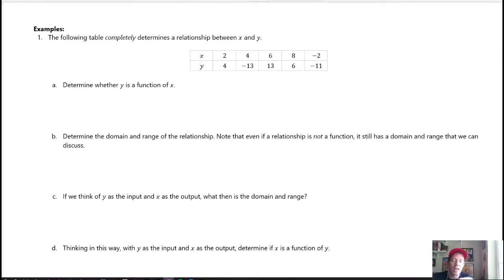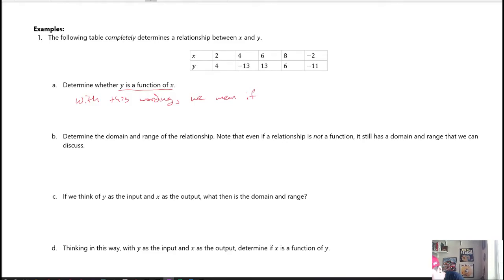This is the important thing to get out of this: the way this is read, is y a function of x, is implying that with this wording, we mean if x is the input and y is the output, is that a function?